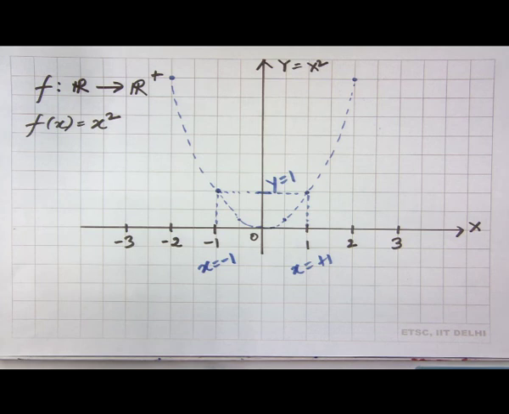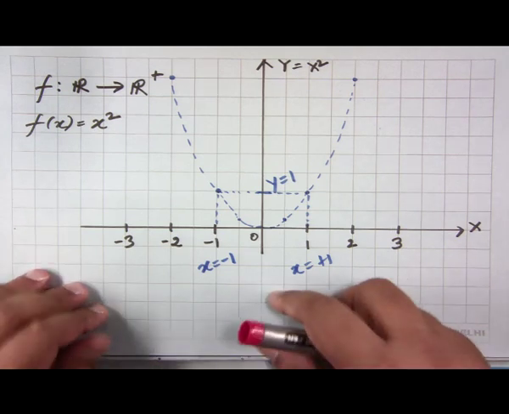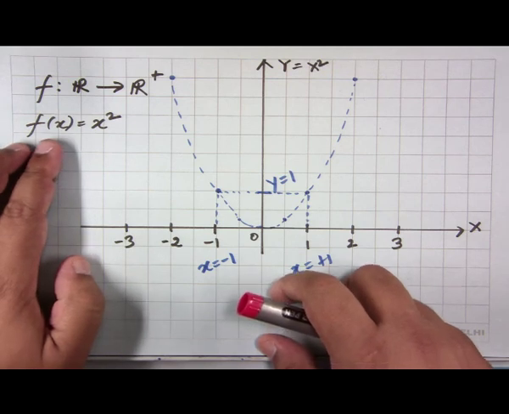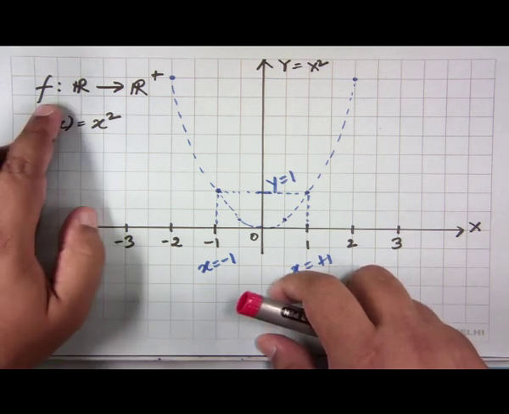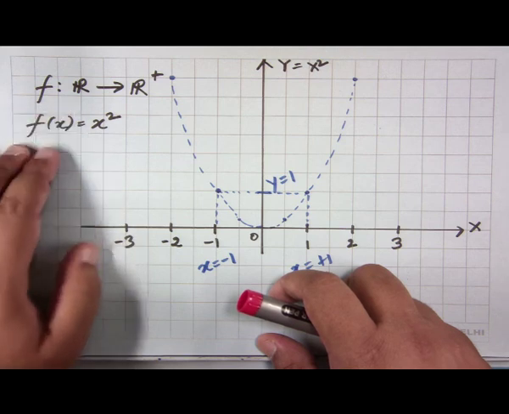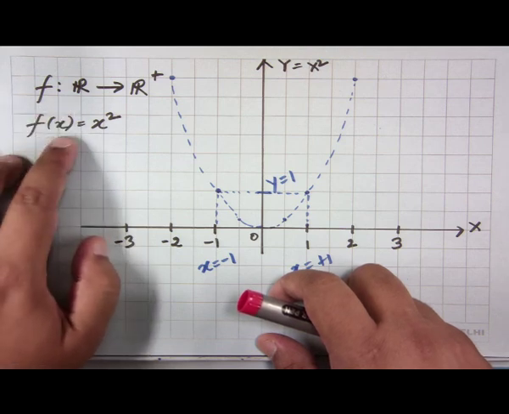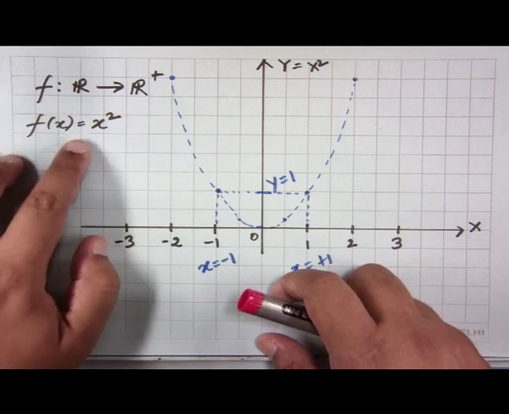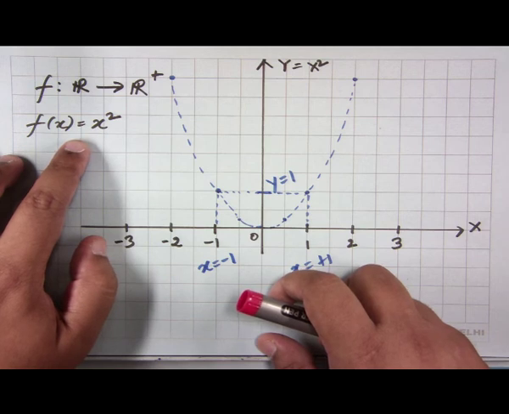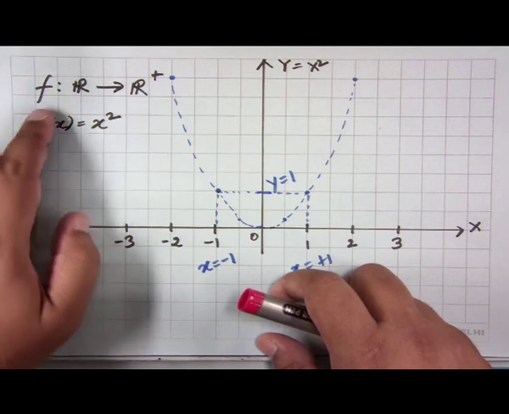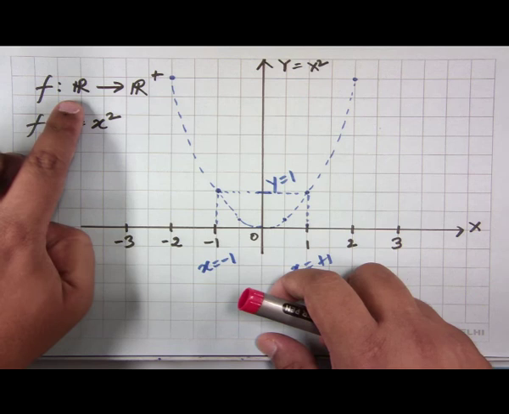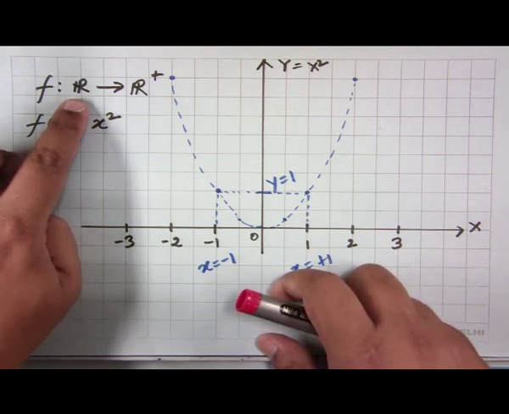One usual trick is that we try to restrict and define a new function f which is the same as the old function. We will still have f x equal to x square, but we will restrict the domain of this function f from the set of all real numbers to a subset of the set of all real numbers.